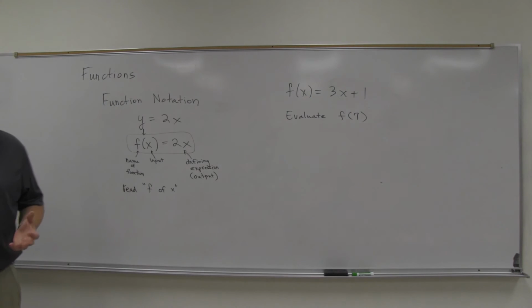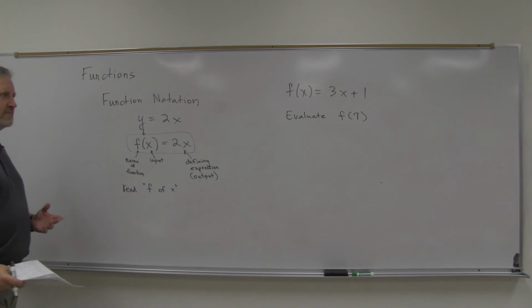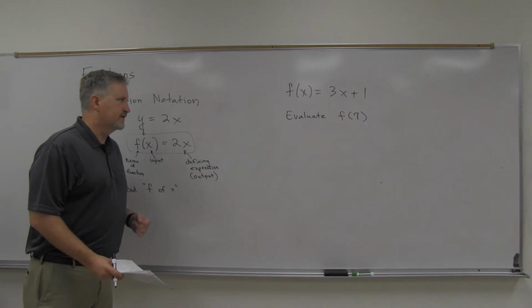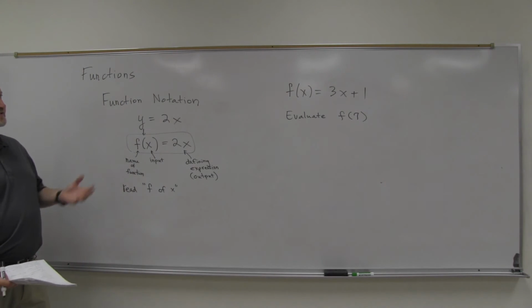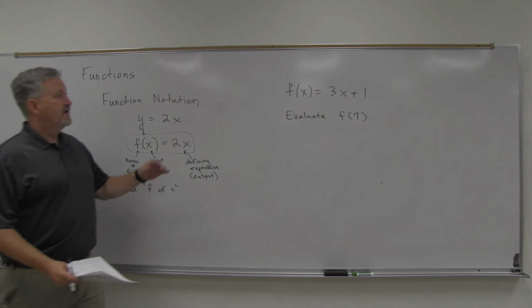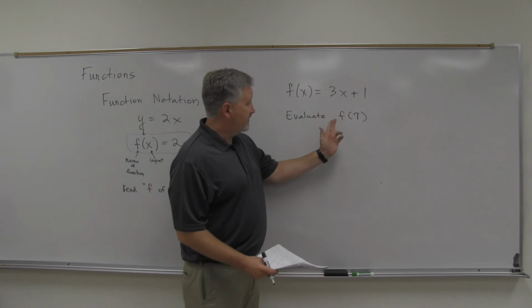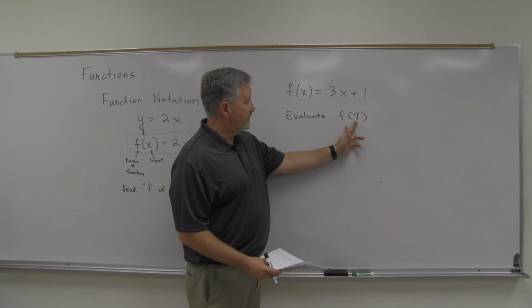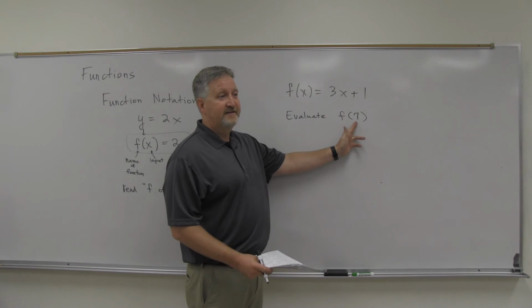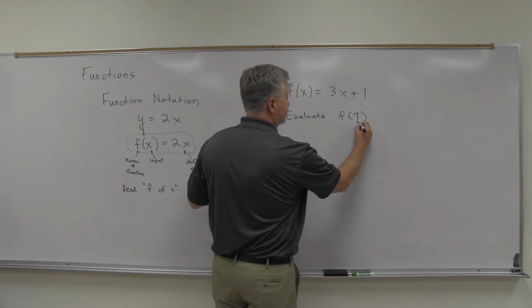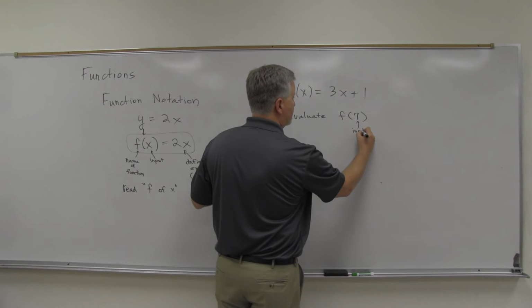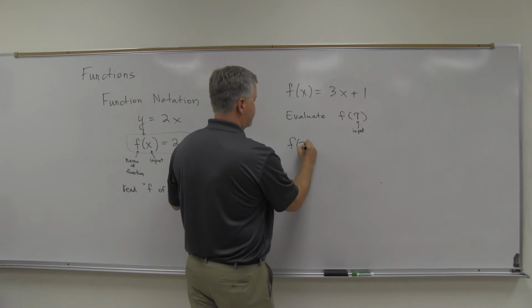If you didn't have this notation, it'd be a little bit wordier. What's this saying? Well, I want to do function f, and I want to do input 7. This is my input.